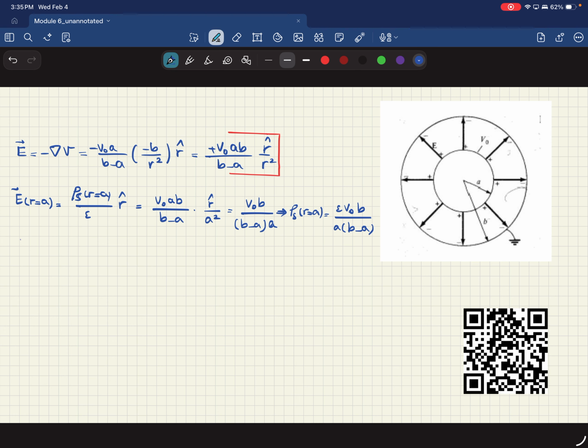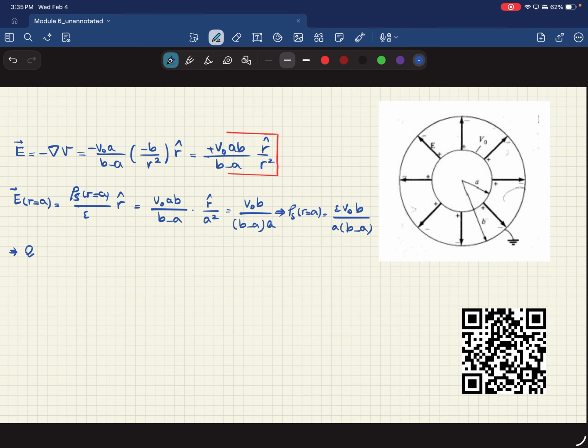And now you can say, okay, Q is going to be rho S ds. And since rho S is constant, it's simply going to be epsilon V naught B over A, B minus A multiplied by the surface of sphere A. Just remember, this is the last part that can mess it up.